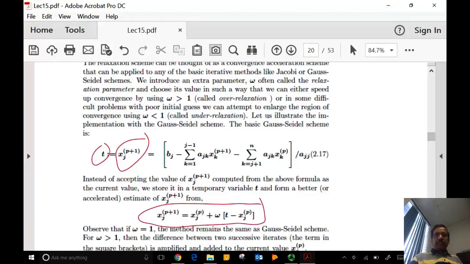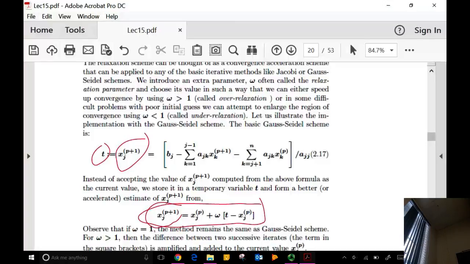And what is this? The actual value of xj at p plus 1 is going to be equal to the original guess that you made plus a factor times the difference between the original value and the tentative value that your algorithm projects. So Gauss-Seidel projects this value. In the Gauss-Seidel method, you will accept that and run with it.